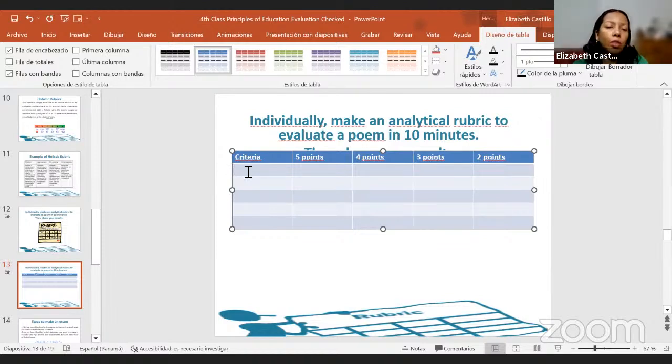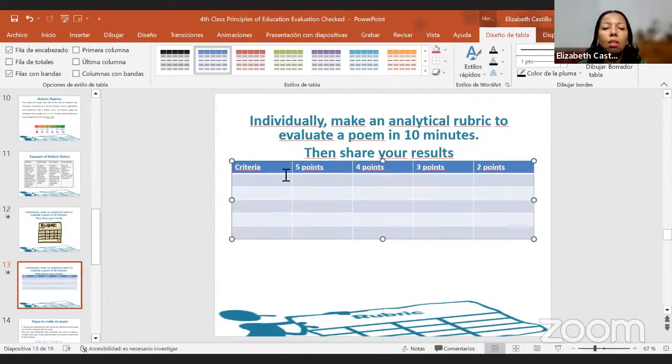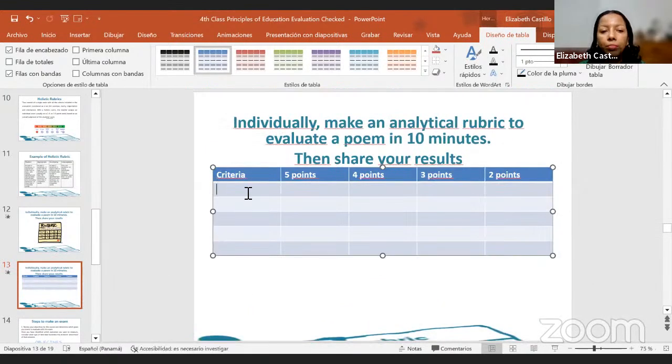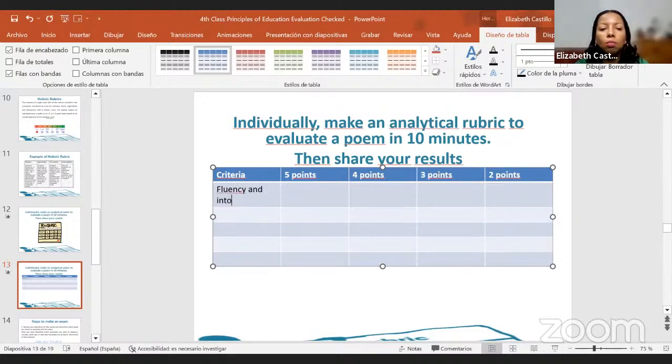The criteria would be, for example, if we are evaluating a poem, as the example here, we're going to be specific. First, we're going to include here fluency and intonation. So when they are speaking, they need to be fluent and use the appropriate intonation for the phrases that they are saying in the poem.